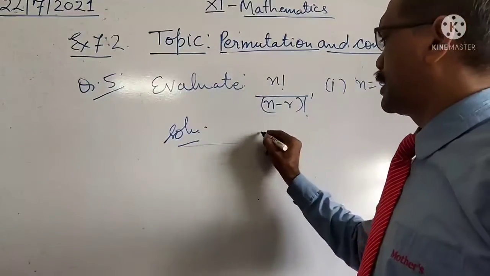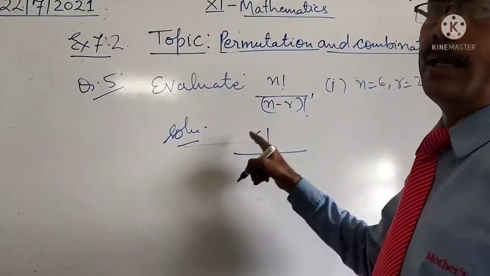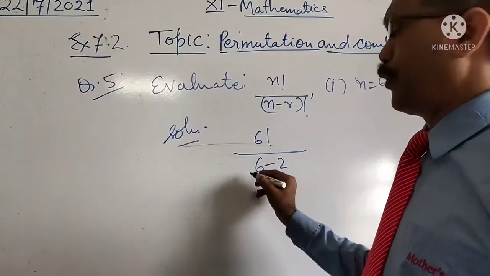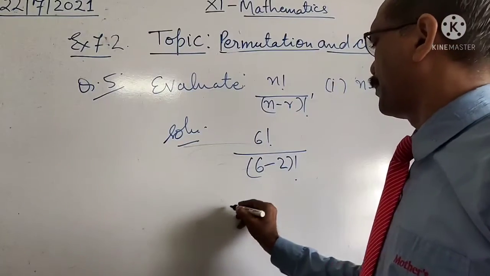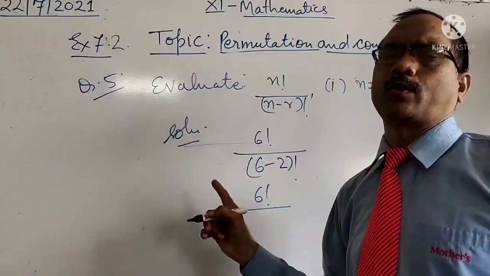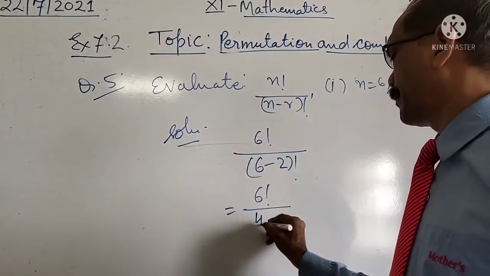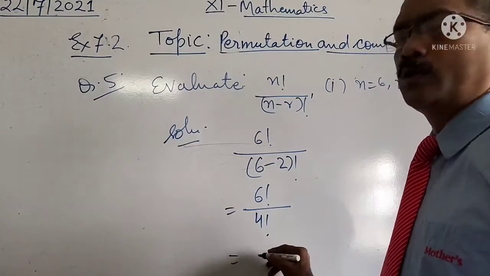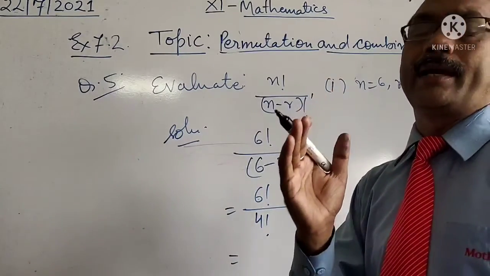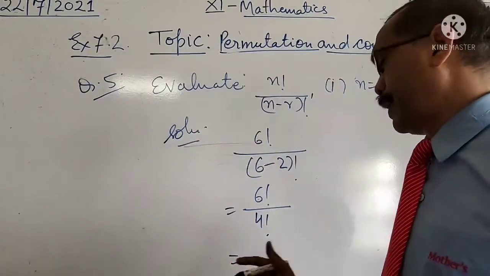It is 6 factorial upon 6 minus 2 factorial. Dear student, 6 minus 2 is 4. So it is 6 factorial upon 4 factorial. Now we will break big factorial into small factorial.